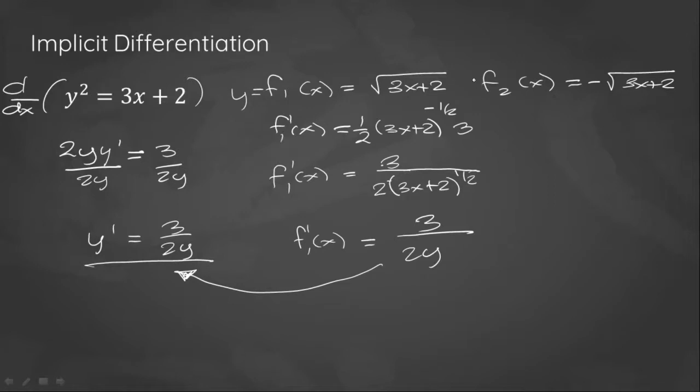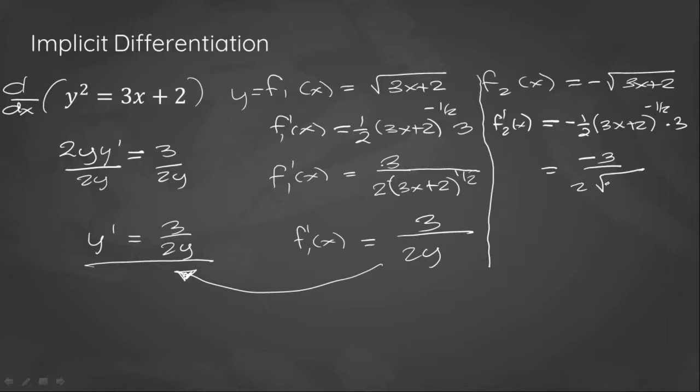Now if we also take the derivative of our second root, we have f prime of 2x is equal to negative the derivative of the square root of 3x plus 2, which is 1/2 times 3x plus 2 raised to 1/2 minus 1, that is negative 1/2, and the derivative of our inside function is 3. So this is equal to negative 3 over 2 times the square root of 3x plus 2.